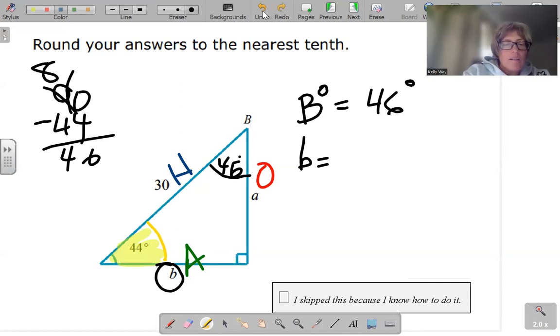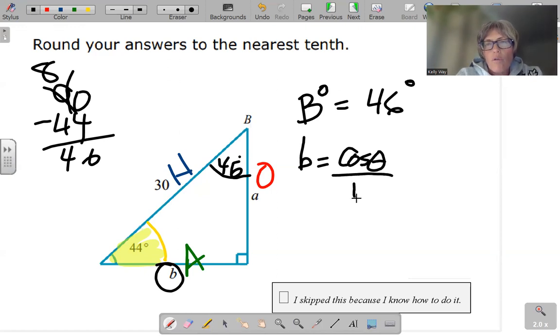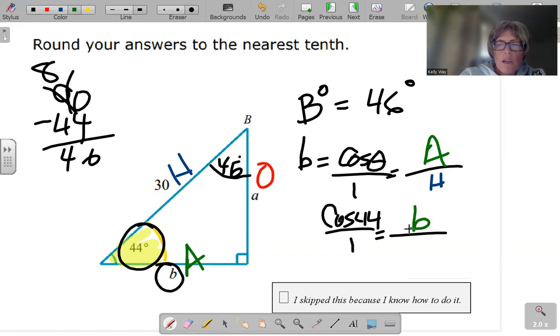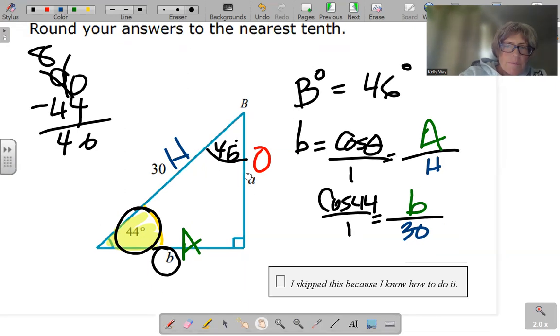So it's cosine, and it's a side length, so it should look like this: cosine theta over 1 equals adjacent over hypo. Now you plug and chug for theta: cosine 44 equals adjacent variable lowercase b over hypo 30.